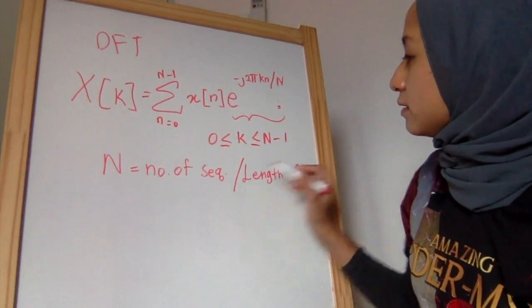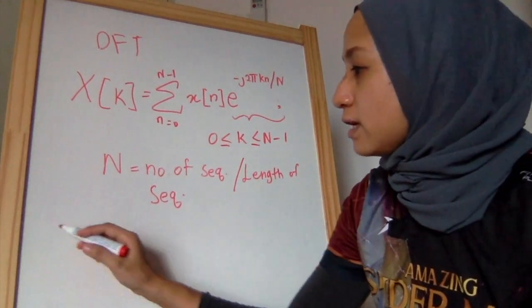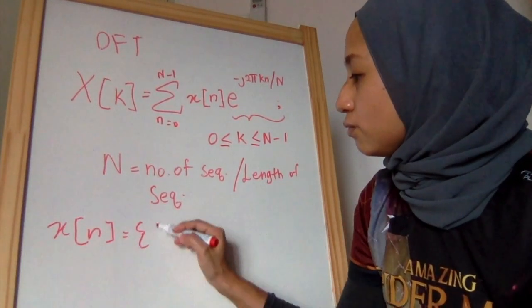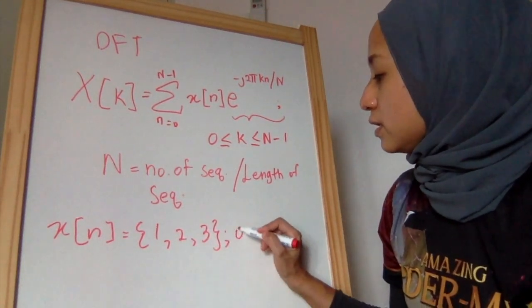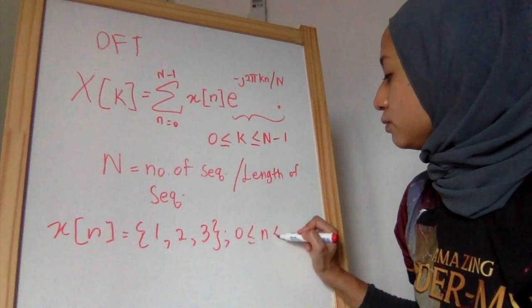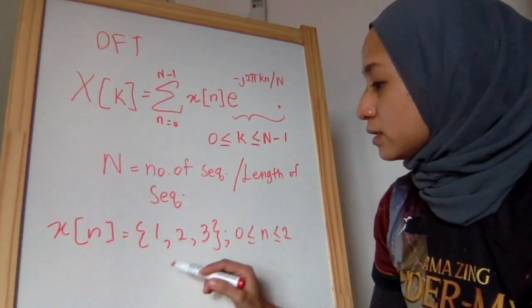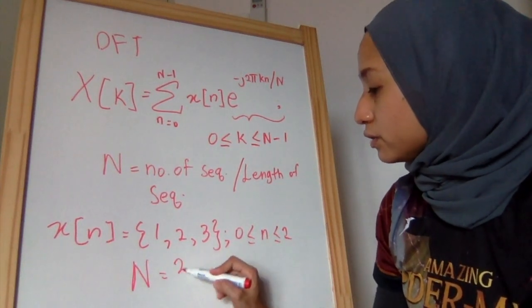Okay, let's see, we have xn equal to 1, 2, 3. So the range is from 0 to 2. Based on this sequence, you know that your capital N value is equal to 3.